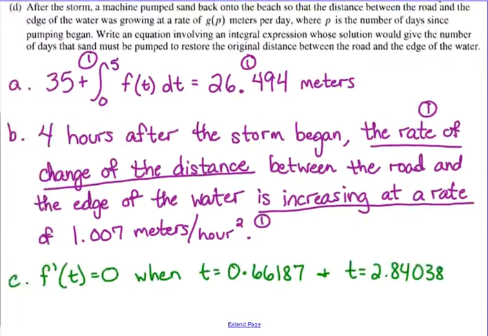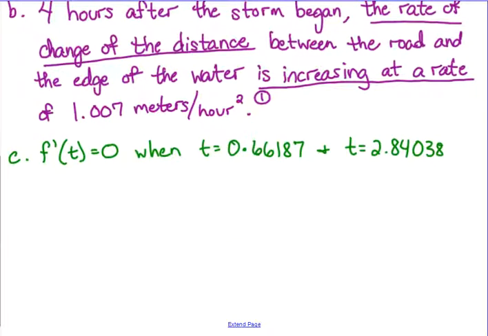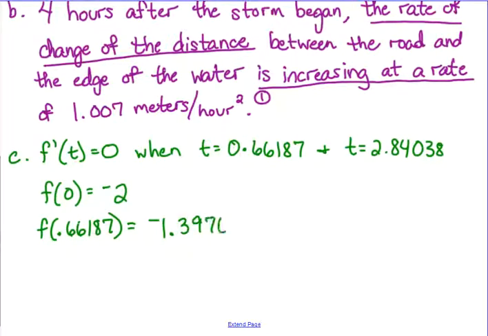All right, so we've got those two critical numbers. So we need to find f of 0. That gives us -2. We need to find f of 0.66187. When you type that into your calculator, you get -1.39760.